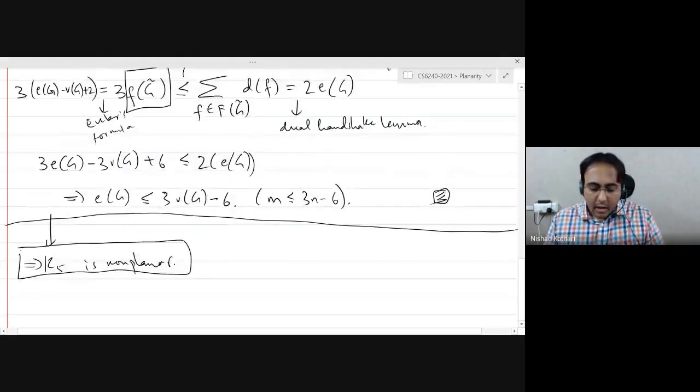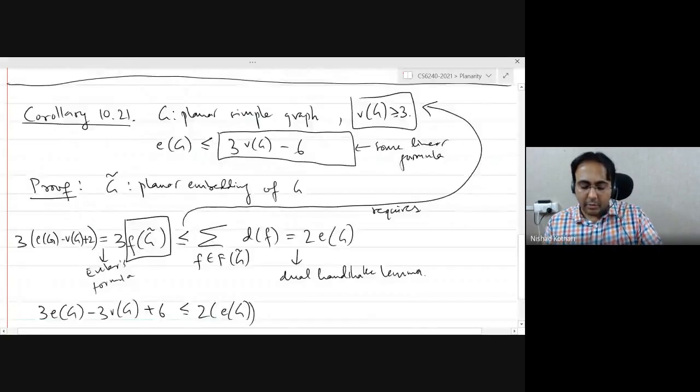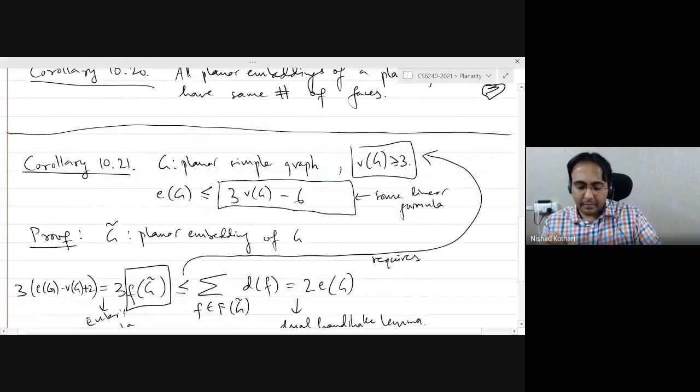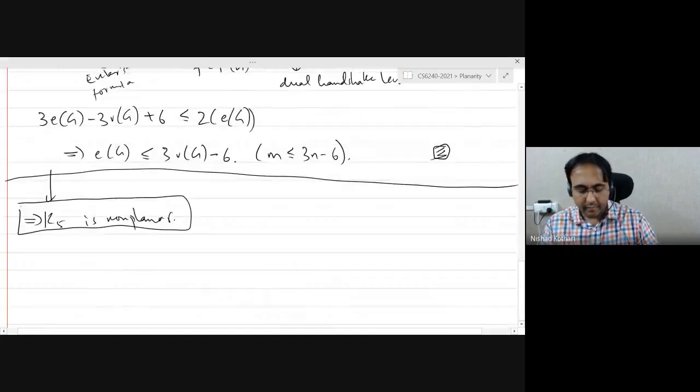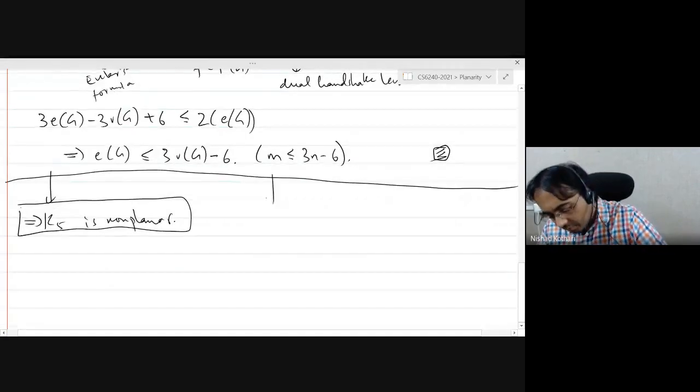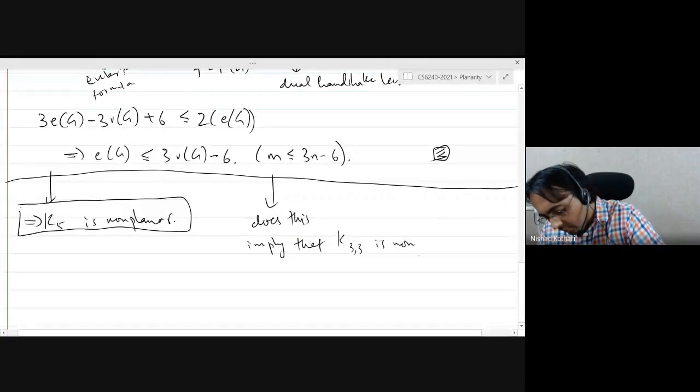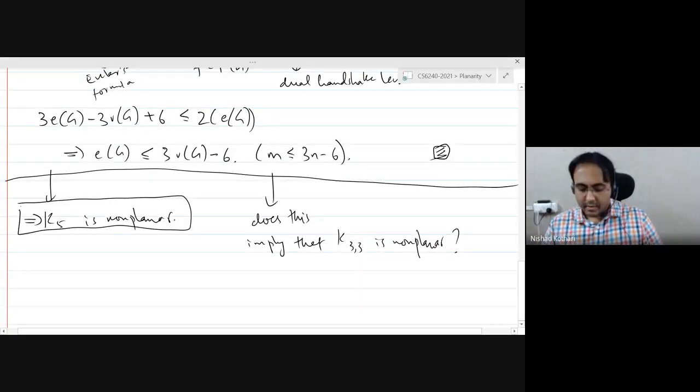Okay. How would you prove that K33 is non-planar using a similar argument? Anyone? Does this corollary prove that K33 is non-planar? Does this imply that K33 is non-planar, the bound that we found?